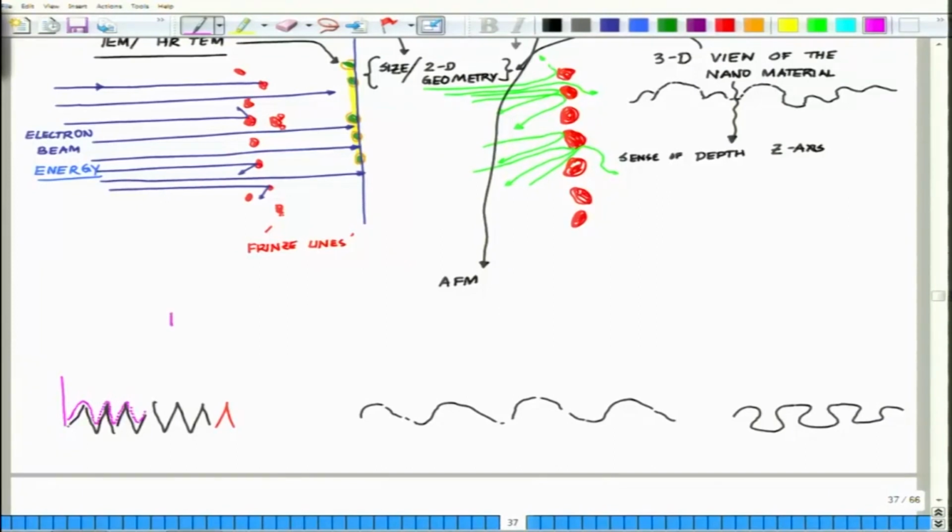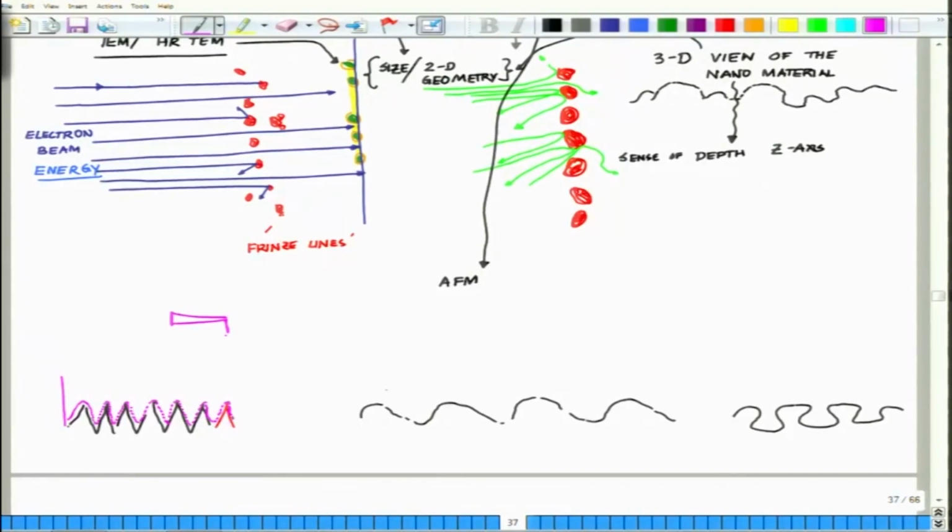It's something like this, and this tip is traveling like this, and based on its travel you start mapping the substrate.